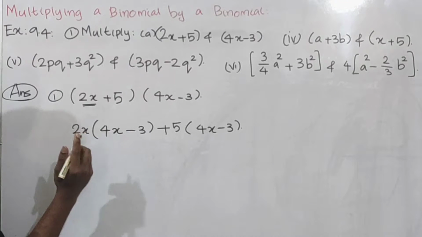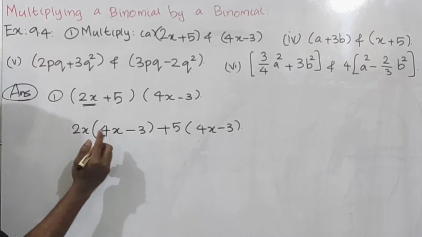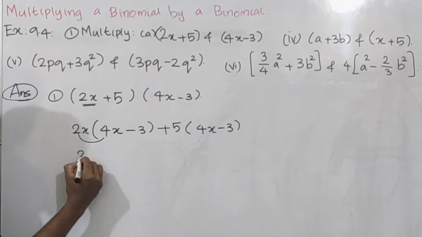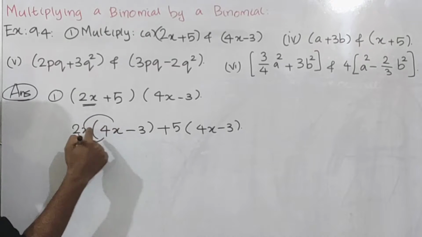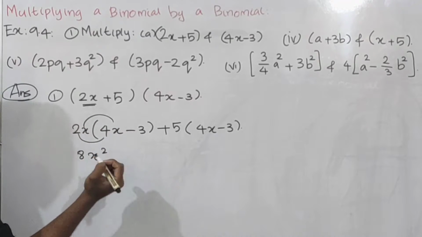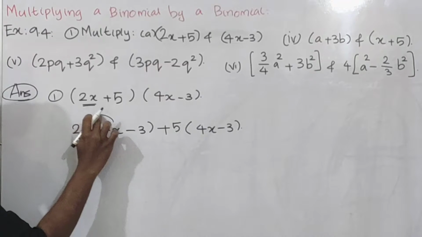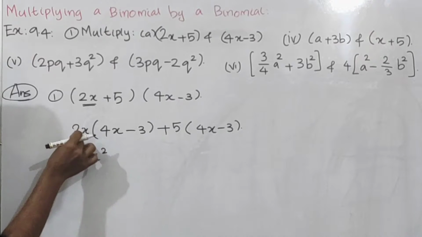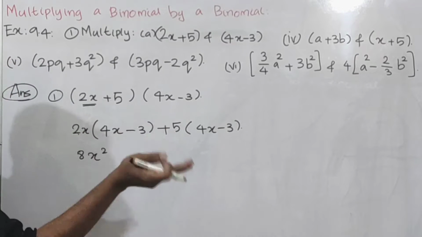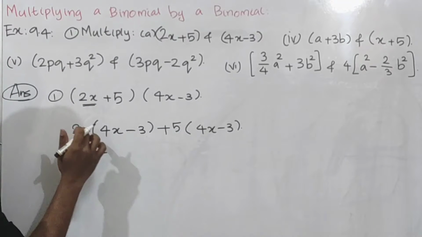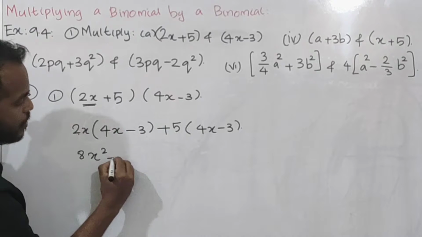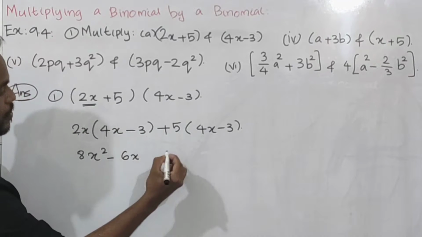So this is 2x into 4x. First multiply the numerical part, it is 8. Then x into x, that is x square. This is simply the process of multiplying a monomial by a binomial, which we have just learned. So 2x into minus 3 is minus 6x.